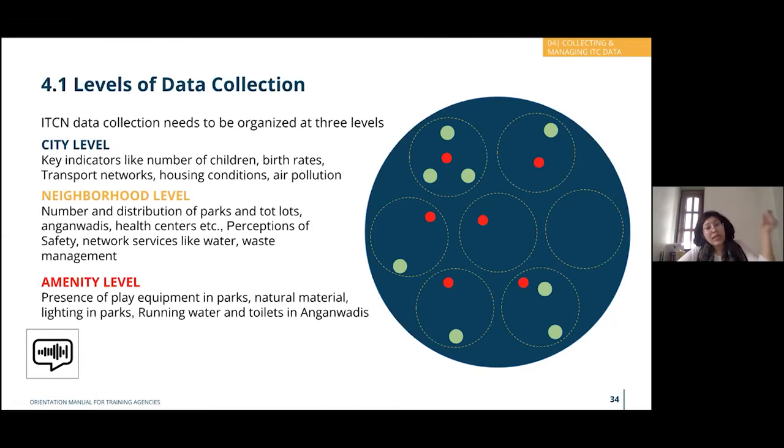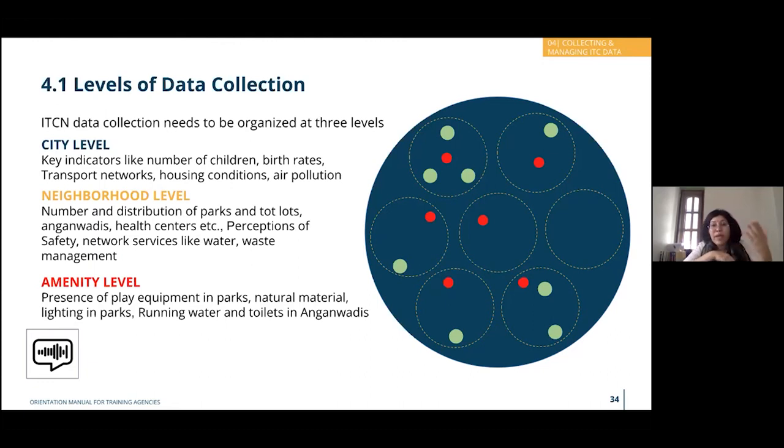In which we go deeper into things like how much footfall that park sees, or whether that park is being used by ITC. Then that means we have to go deeper into that one bound space, whether it's an Anganwadi or a park, to get even more granular data at that level, right?